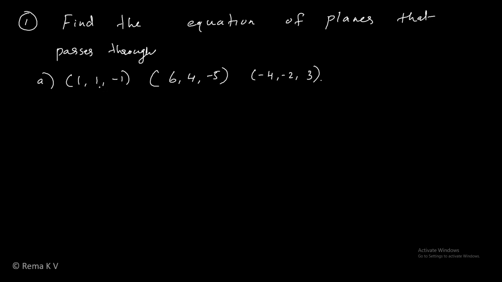First you have to check whether these points are collinear or not. Let us write this as point A, this as B, and this as C. First the direction ratios of AB: 6 minus 1 is 5, 4 minus 1 is 3, then minus 5 minus 1 is minus 4.